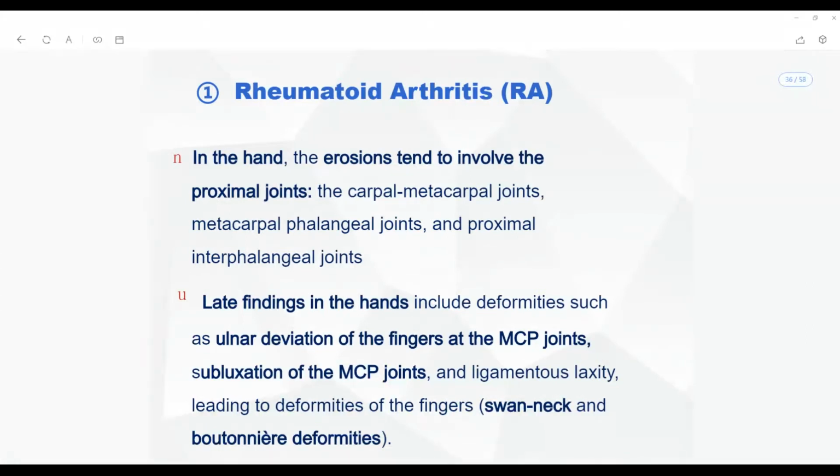Okay, look at the picture. Let only Arslan talk here. What is the joint that is under flexion here? Arslan, only you say it.